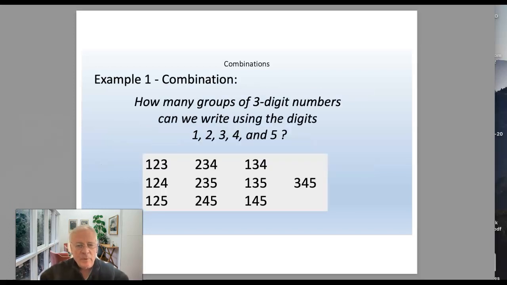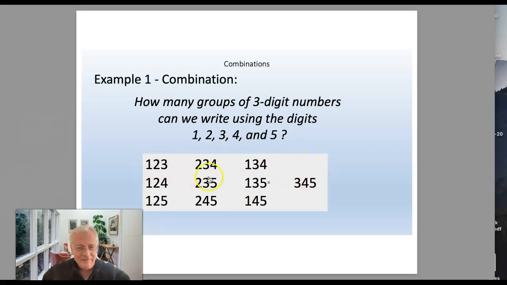All right, here's example 1 here. How many groups of 3-digit numbers can we write using the digits 1 through 5? And remember when we did this with a permutation, our answer was 60. There were 60 ways to arrange 3 numbers, choosing from 5. But here, there's only 10 ways.